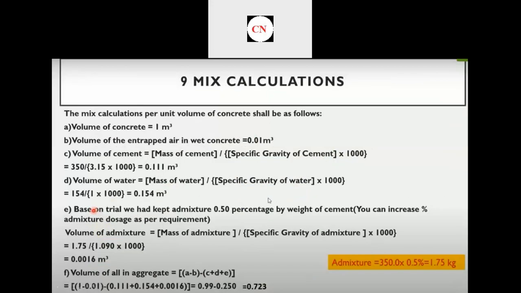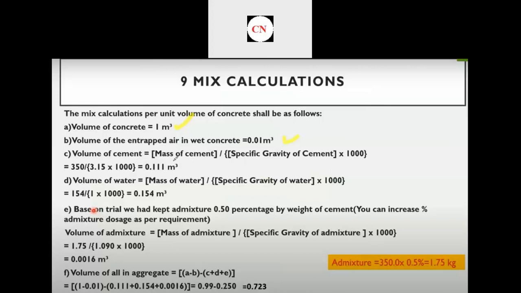Now the mix calculations can be done as follows. The volume of concrete we are taking is 1 meter cube. The volume of entrapped air in the wet concrete is 0.01 meter cube, that is 1%.